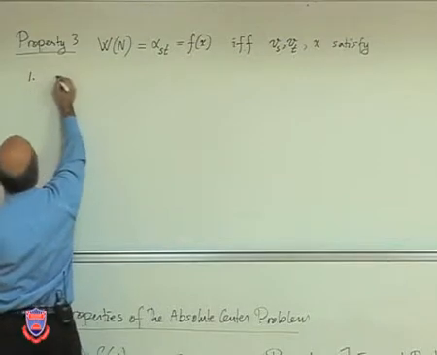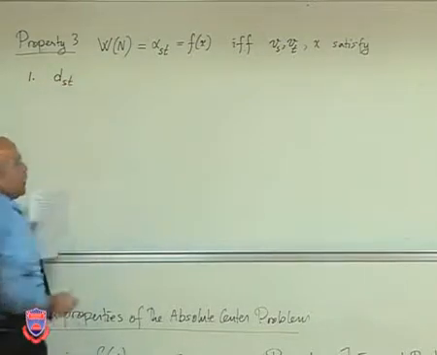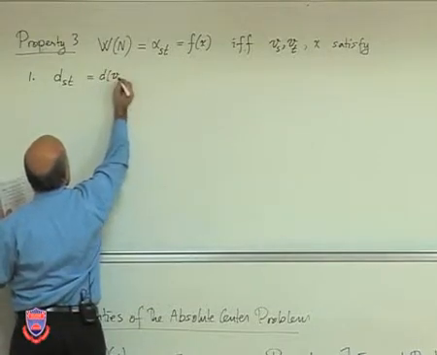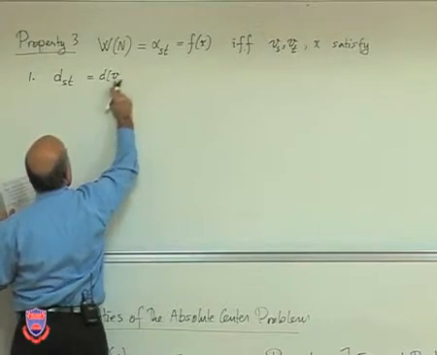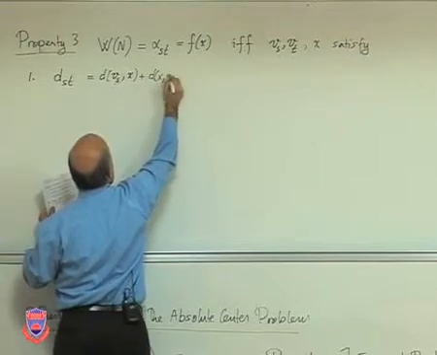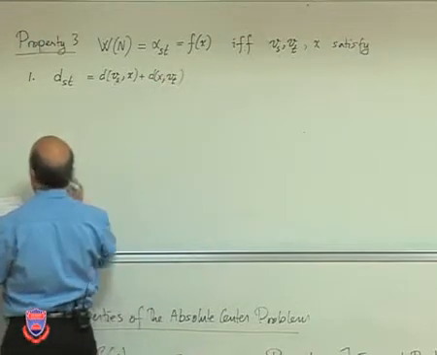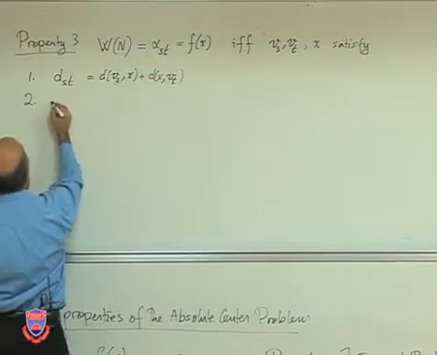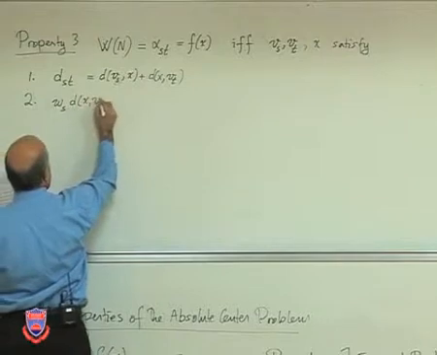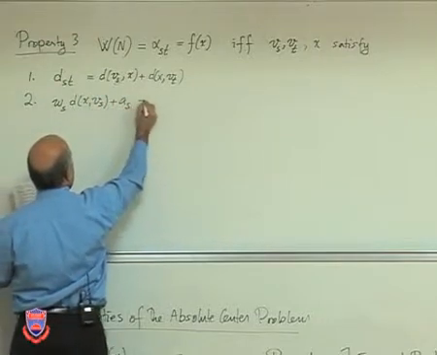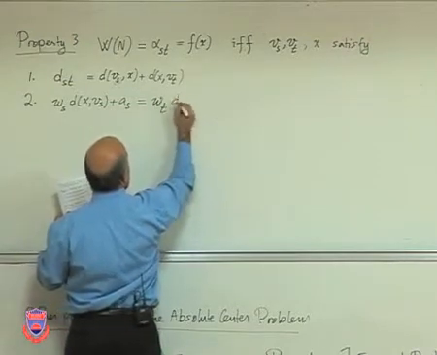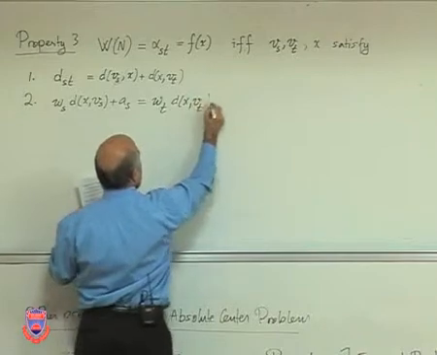Number 1, the direct distance from S to T is equal to the indirect distance via x. Number 2, the weighted distance Ws dx Vs plus As is the same as Wt times the distance between x and Vt, plus At.